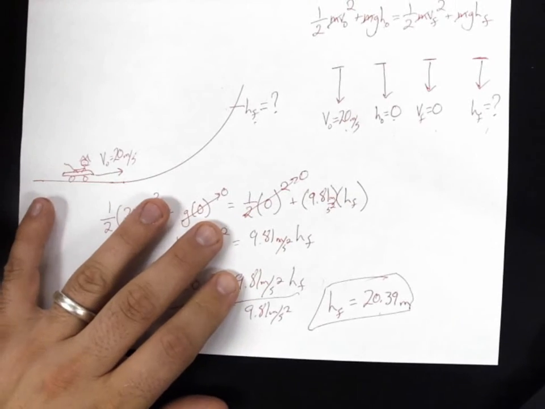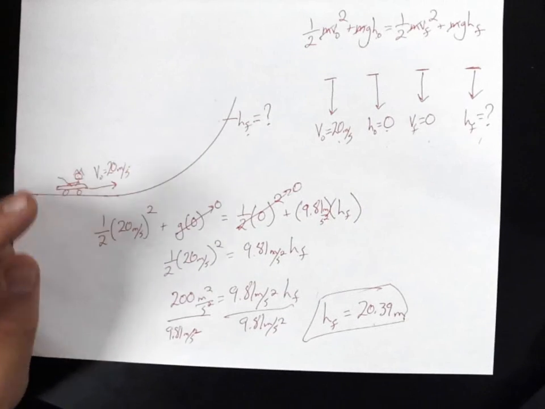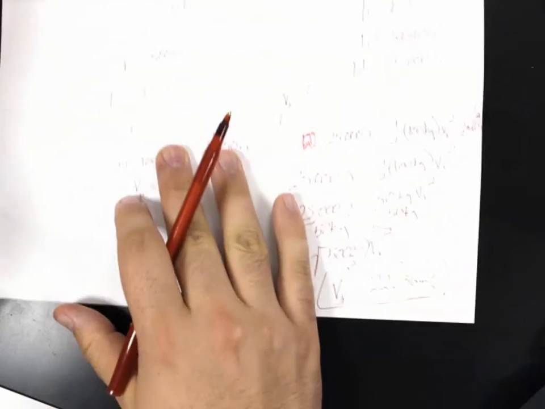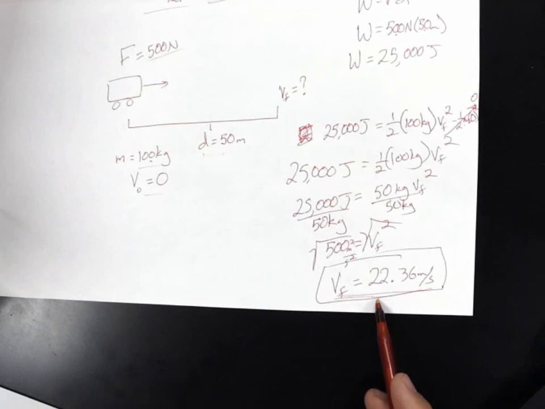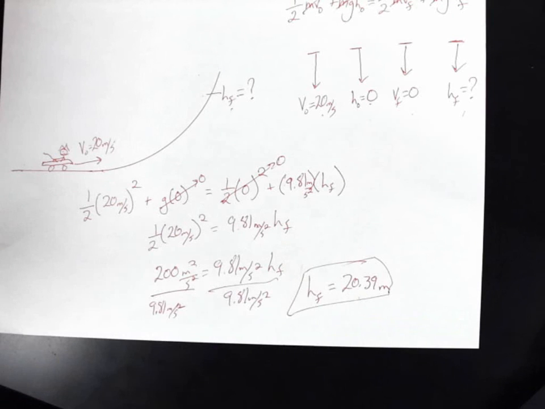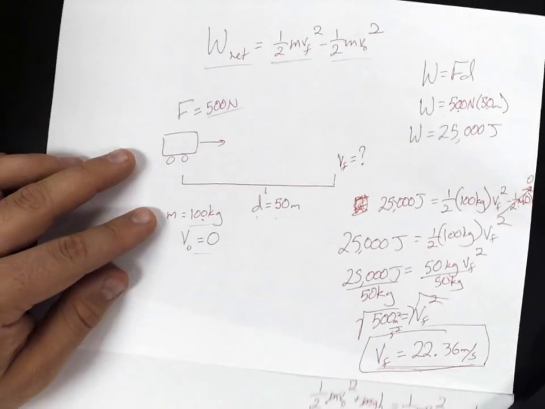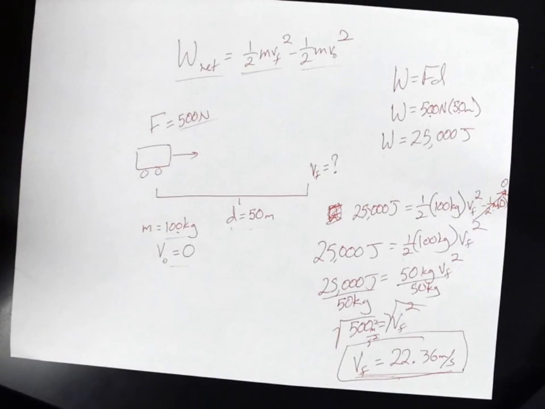Like in the previous problem, we had an initial speed up the ramp of 20. Well, let's say that the initial speed up the ramp was 22.36. That would be the work equaling the change in the energy, the conservation of energy, which is kind of nice. You can put these two types of problems together, shove their ideas together, and it'll work just fine.